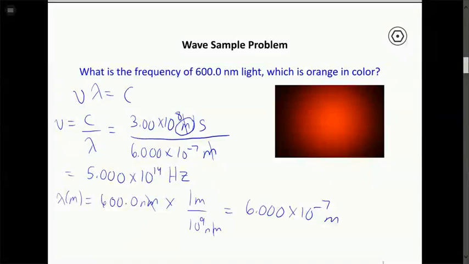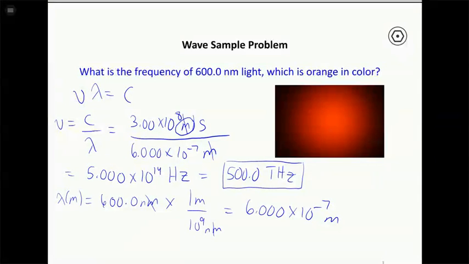We didn't specify it in this problem, but this is a pretty large number, 5 times 10 to the 14th, so very often for frequencies we put a prefix in there that makes it a little bit simpler. This would simplify to 500 terahertz. You've probably heard of the unit terahertz in the context of computer speeds and things of that sort. Of course, I didn't specify units here, but in Blackboard we will.